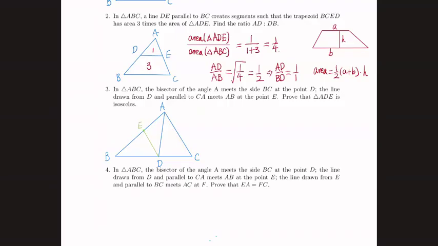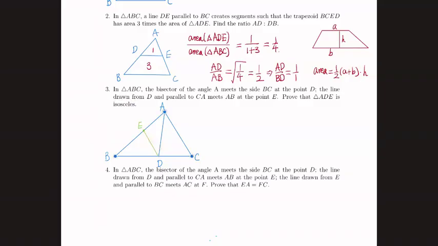Okay, now we want to check that triangle ADE is isosceles. Let's mark. Why is it isosceles? So do we have to prove that E is the midpoint of AB?